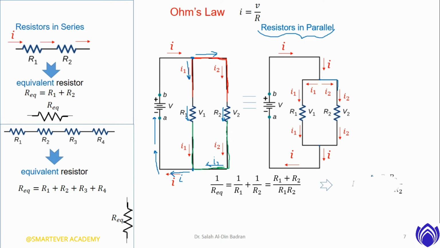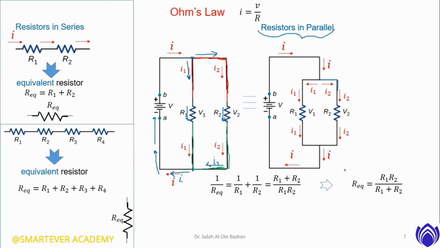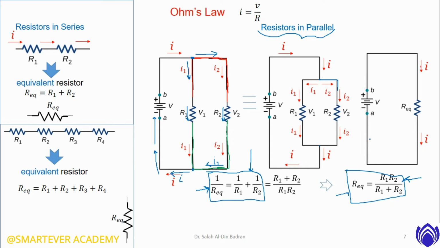And the result is as follows: R equivalent is the multiplication of the two resistors over the summation of the two resistors. This equation is valid only for two resistors, so you can memorize this for only two resistors in parallel. For more than two resistors, use the standard formula for R equivalent.